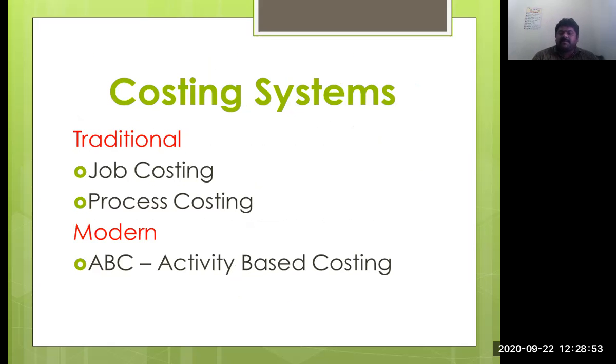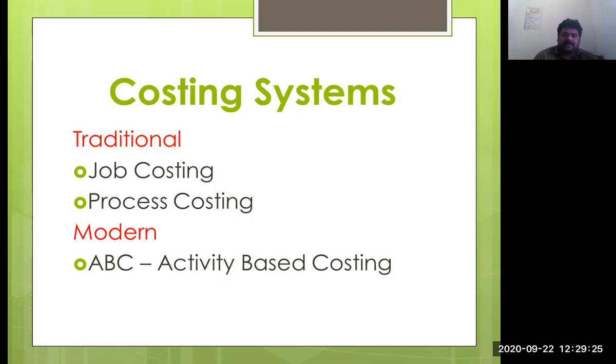So whatever the different types of costing systems being used, they can be broadly classified under traditional systems and modern systems. Traditional systems use basically job costing and process costing, and in modern systems we are currently giving more emphasis to activity-based costing, and there are several reasons for doing so. We will explain those reasons also.